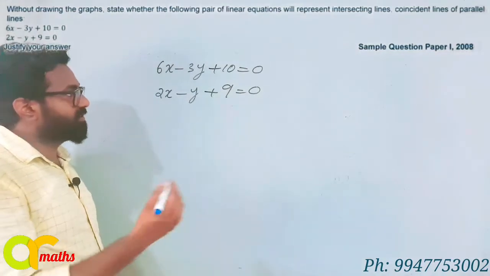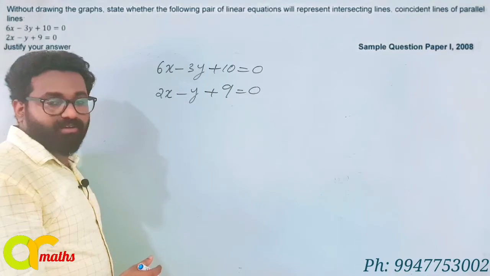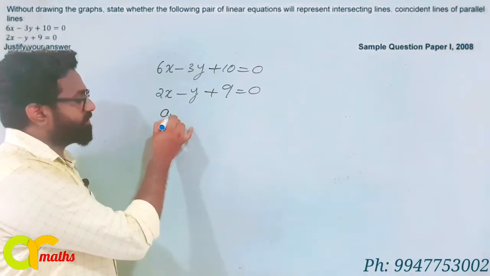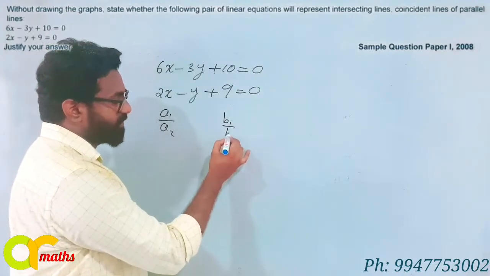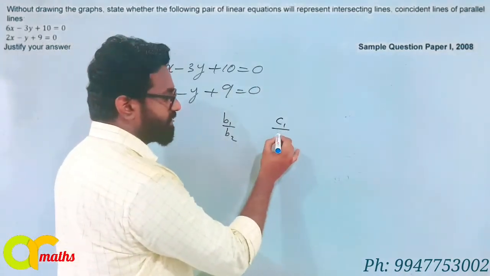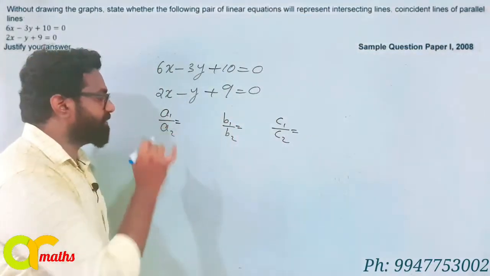So here we have to find the ratios of coefficients: a1 divided by a2, b1 divided by b2 and c1 divided by c2.